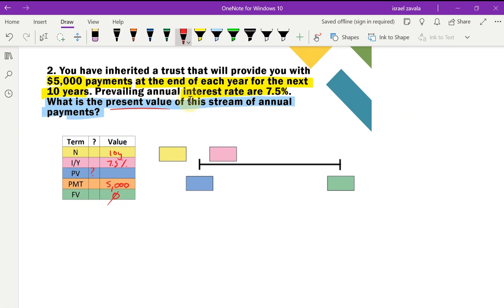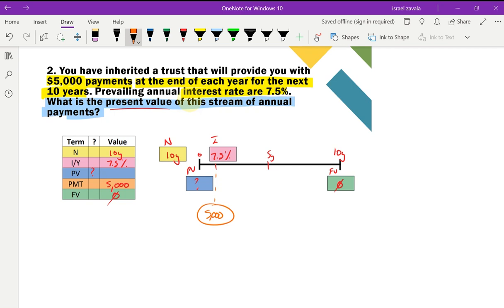So let's fill in our timeline. Future values. So 10 years, 7.5%. Present value is what we're looking for. There is no future value. We've got 10 years, 5 years, 0, and let's do this as 1. So we're going to be receiving $5,000, and we're going to be receiving that 10 times.